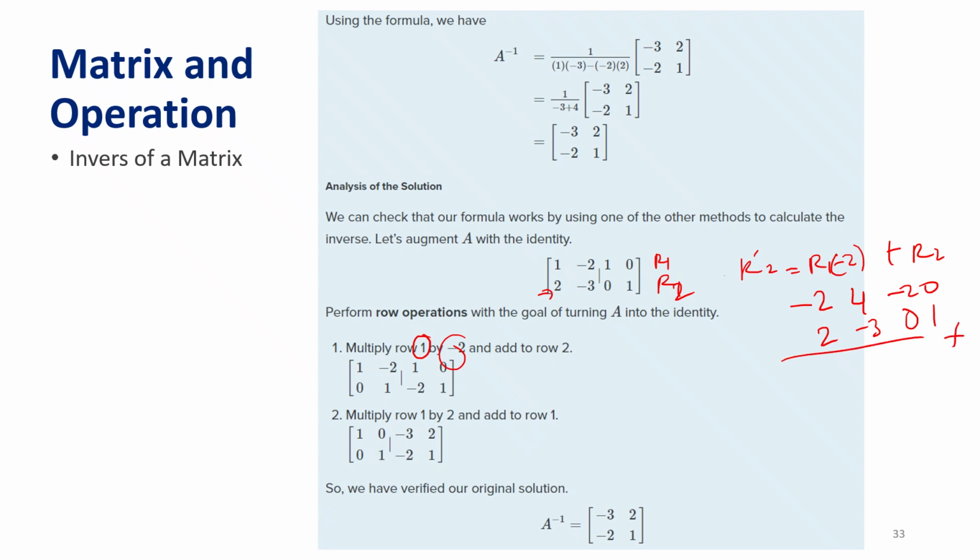You add it here: 0, 1, minus 2, 1. Okay, then this will be your new row 2 that you put here. See, the same.